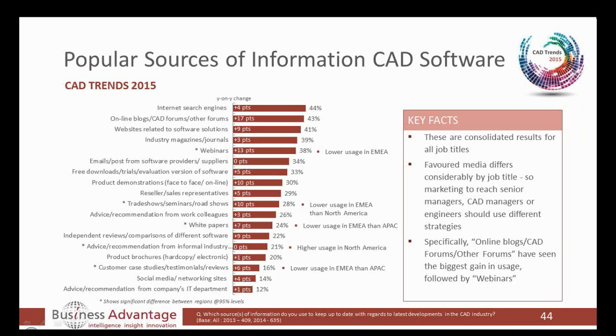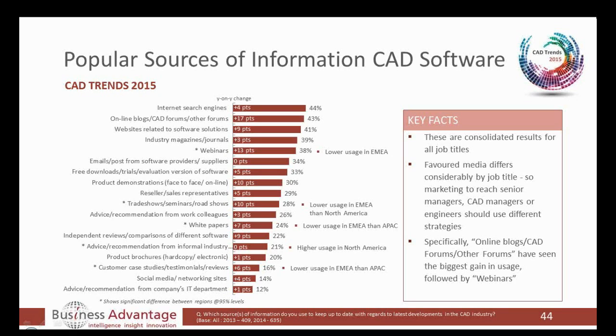So this is a particularly interesting area where we ask people to set out the sources of information that they use. The percentages at the end of the bar are the number of respondents using that type of source, and the percentage points in the bar are the increase from last year to this year.